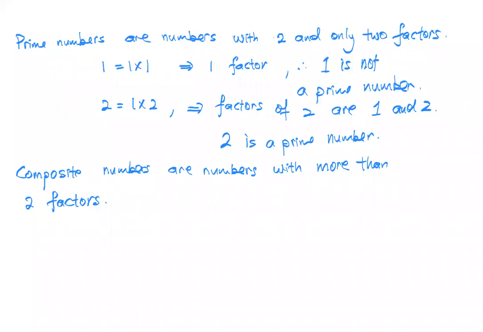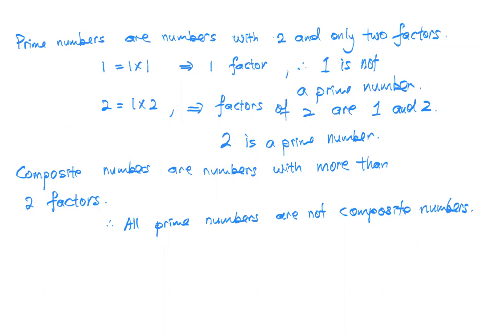Because composite numbers might have more than 2 factors. So I will make a conclusion, all prime numbers are not composite numbers. Okay? Is 1 a composite number? No. Can or not? So that is the meaning of composite number.